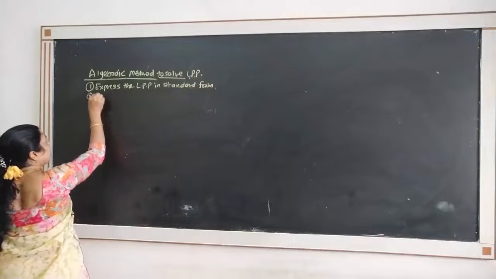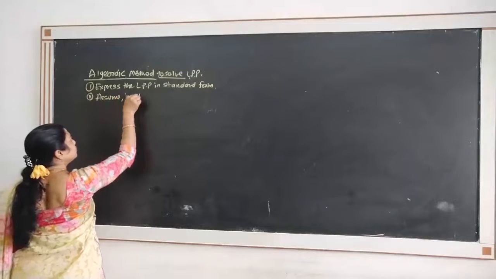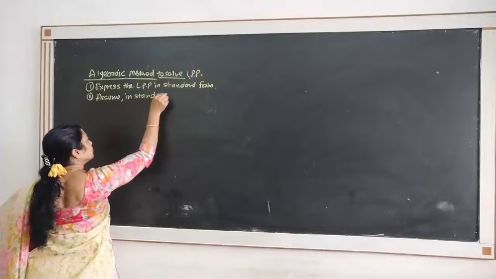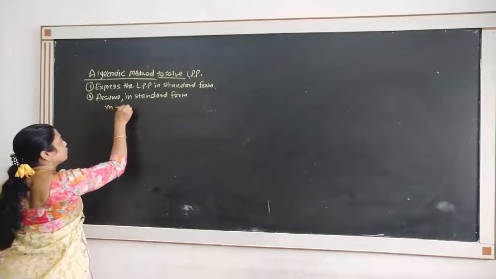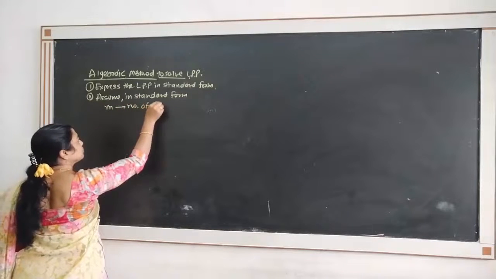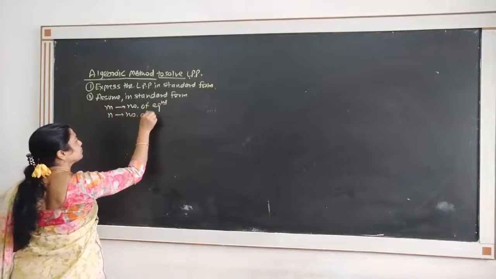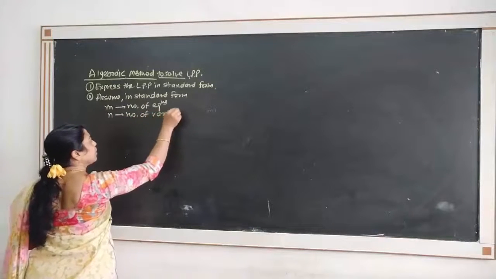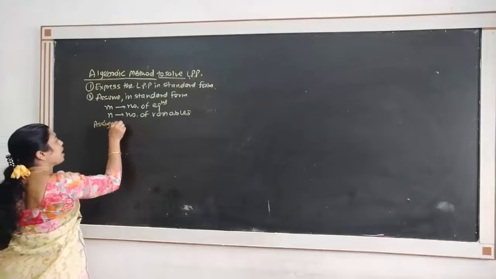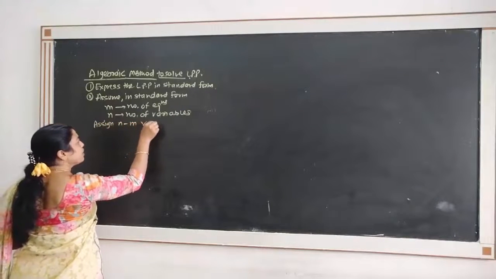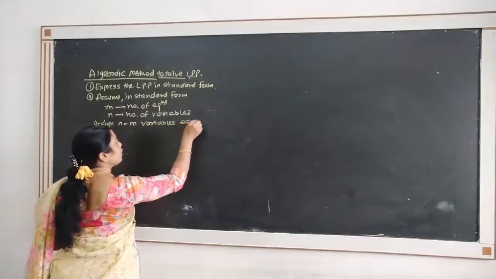Let us assume that in standard form we get m number of equations and n number of variables. Then we assign n minus m variables equal to 0 value.